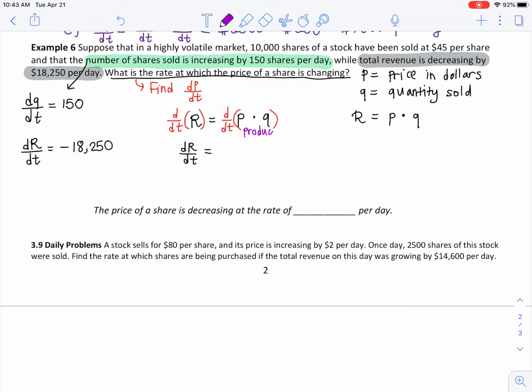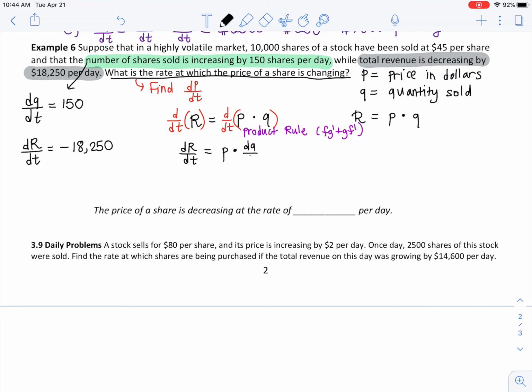Because, unfortunately, we're looking at a product of P times Q, right? So let's use the product rule. Let me go ahead and write down that we're about to use the product rule here. A quick review of the product rule is FG prime plus GF prime. Okay, so let's do that.